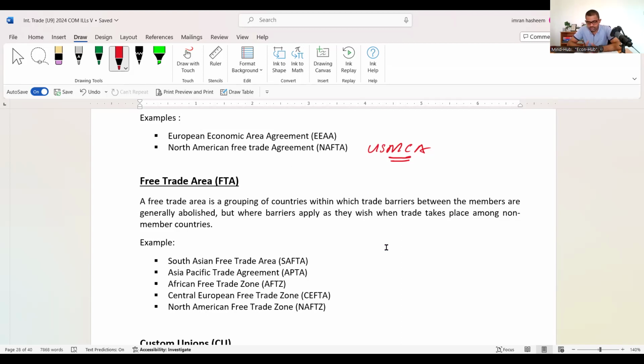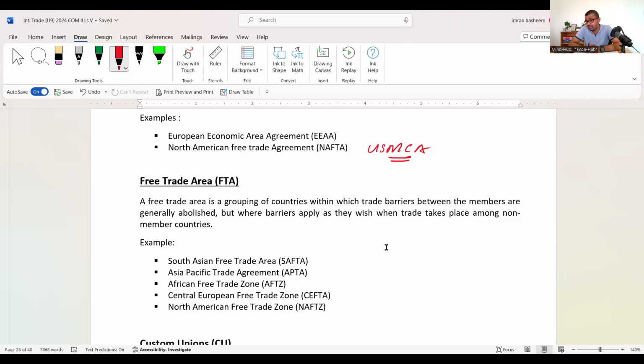Now, if India and Sri Lanka are in a PTA, and Sri Lanka is importing big onions from India, how much will we charge as an import tariff? It's about 10%, for example.